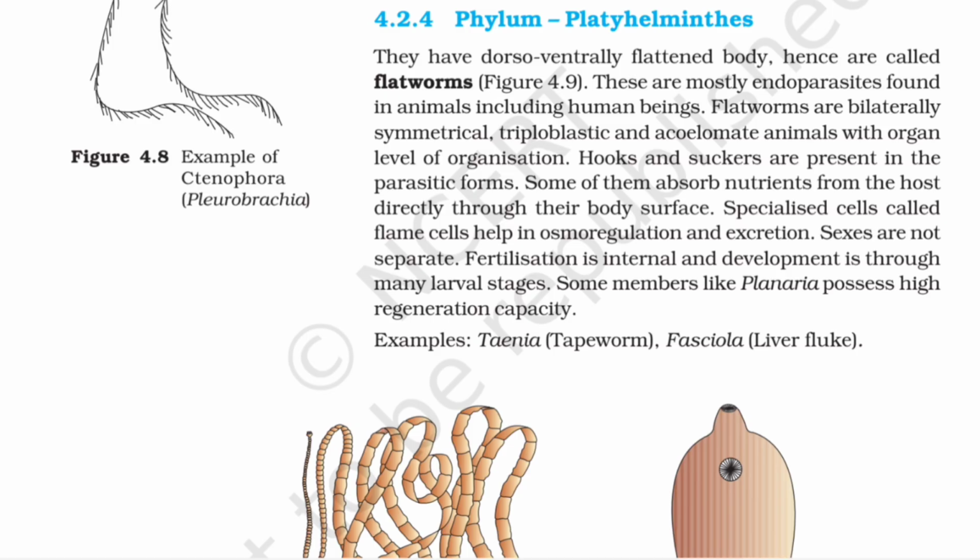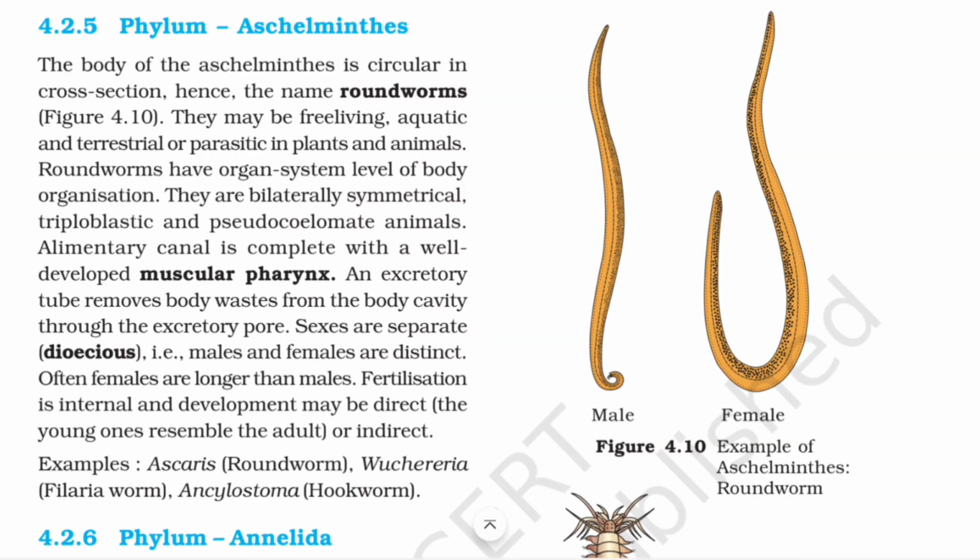Specialized cells called flame cells help in osmoregulation and excretion. Sexes are not separate. Fertilization is internal and development is through many larval stages. Some members like planaria possess a high regeneration capacity. Examples of this phylum Platyhelminthes are Taenia, also known as tapeworm, and Fasciola, also known as liver fluke.